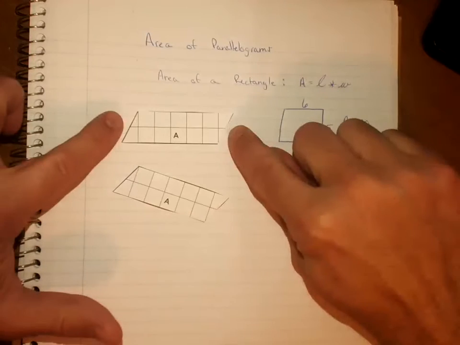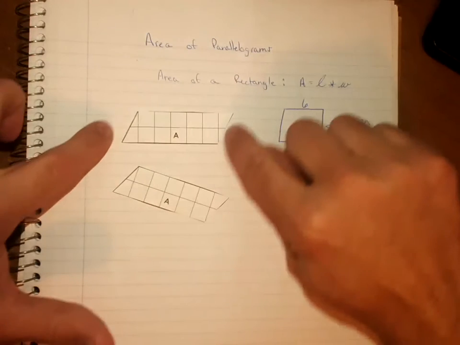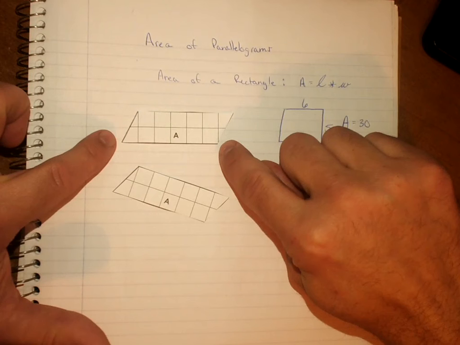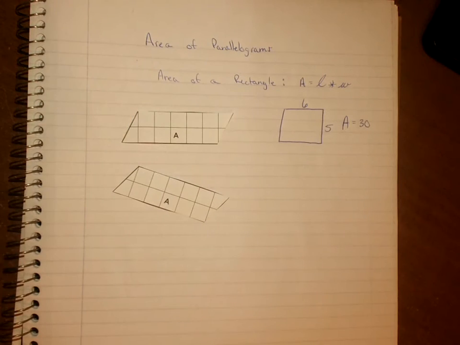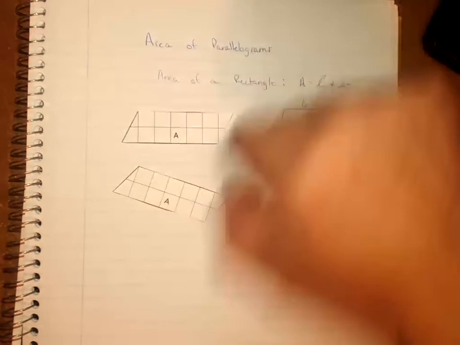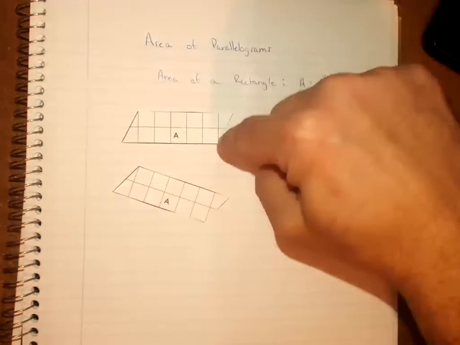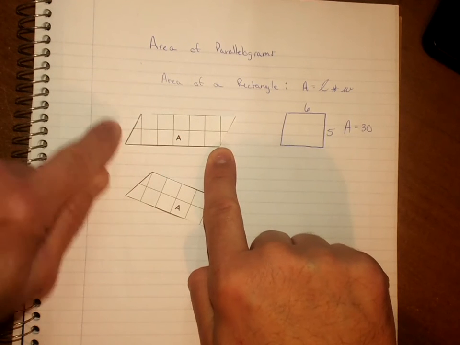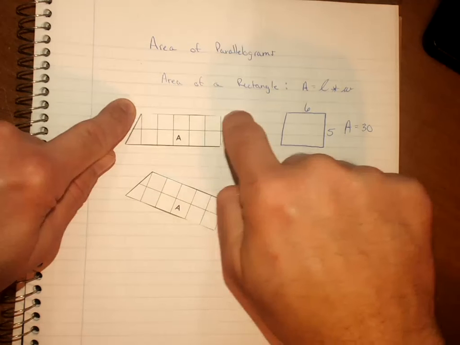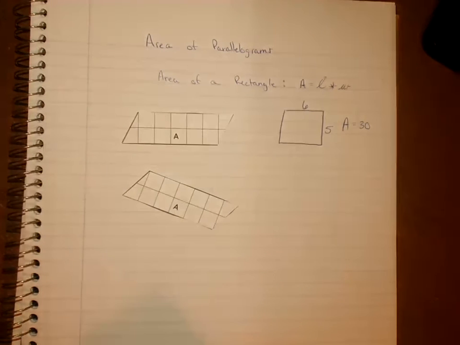But you can see the two ends, they match each other. They're the same length. They're parallel to each other. They go in the same direction. So it is a parallelogram. And the top and the bottom, they're the same length. They're just kind of pushed over. You can see that this one square is farther over than this side. And this square over here is farther over on the top.